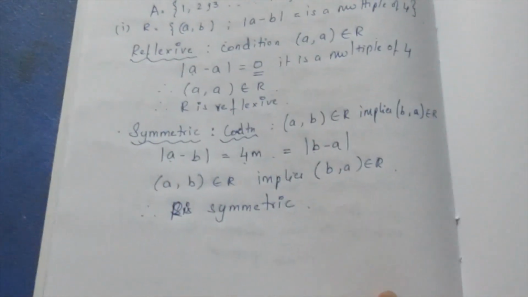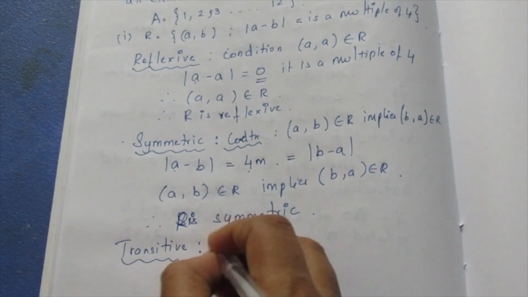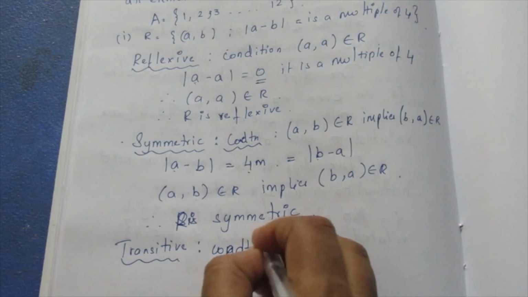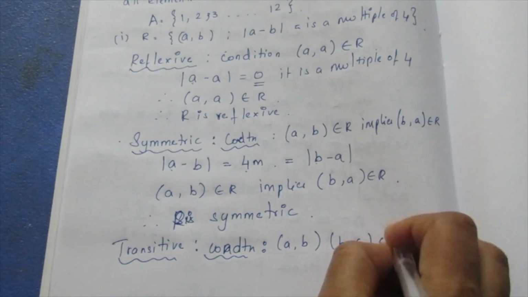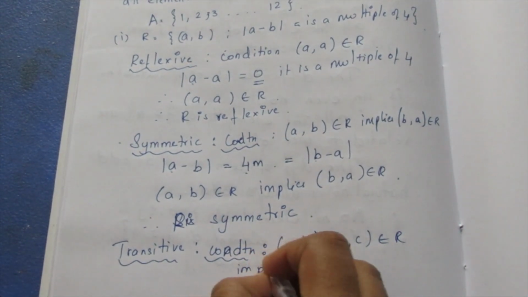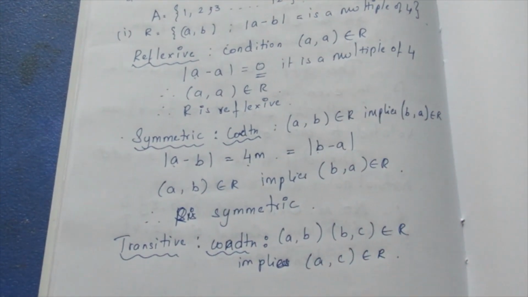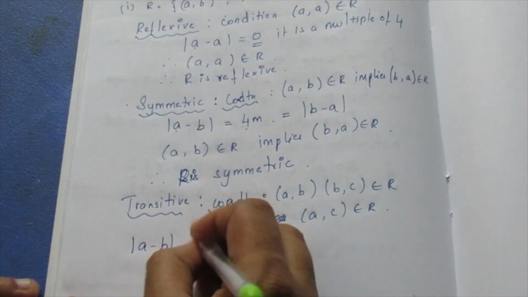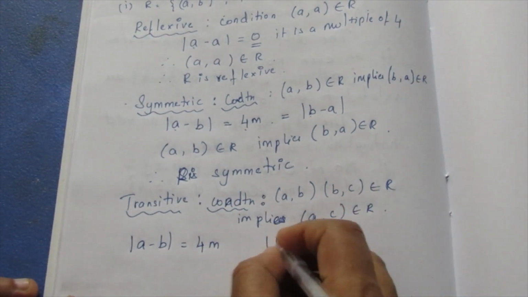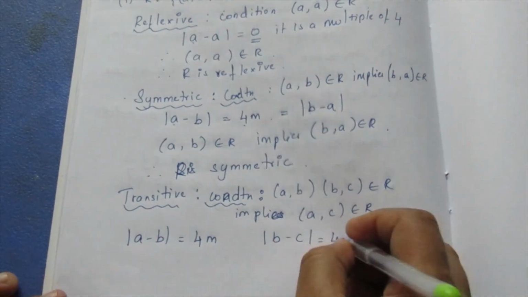So now we'll move on to transitive. For transitive, we know the condition that if (a, b) and (b, c) belong to R, this implies that (a, c) belongs to R. Now let us take the given relation, modulus a minus b is equal to 4m and modulus b minus c is equal to 4n.